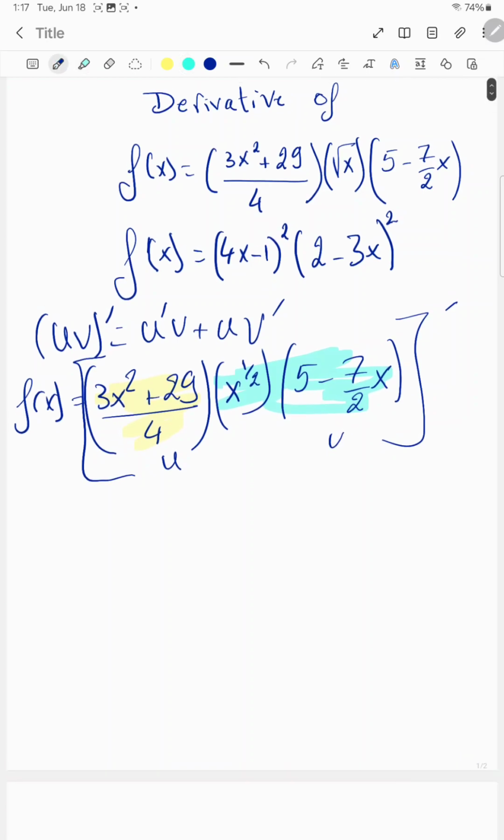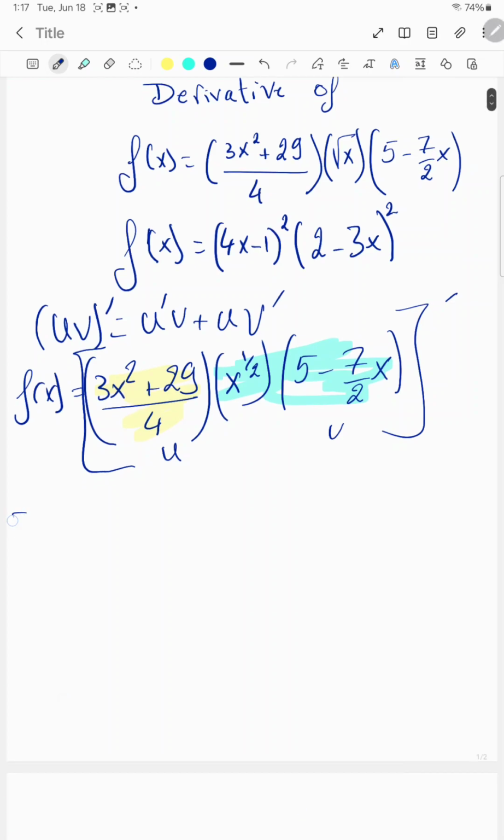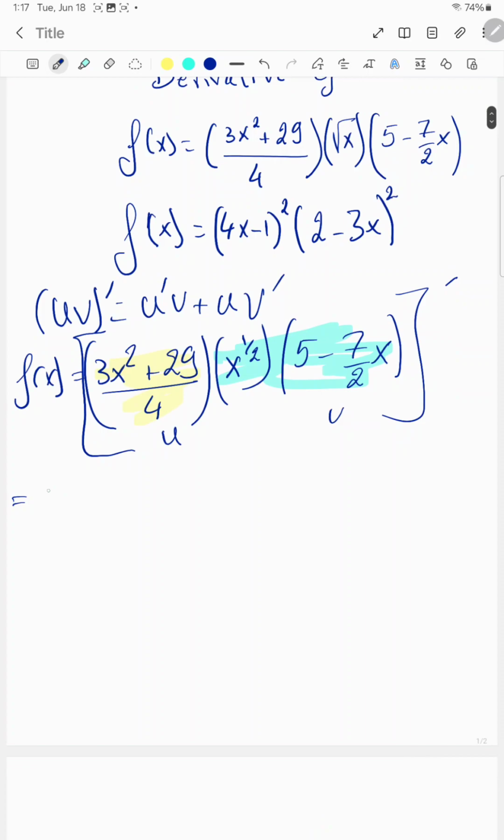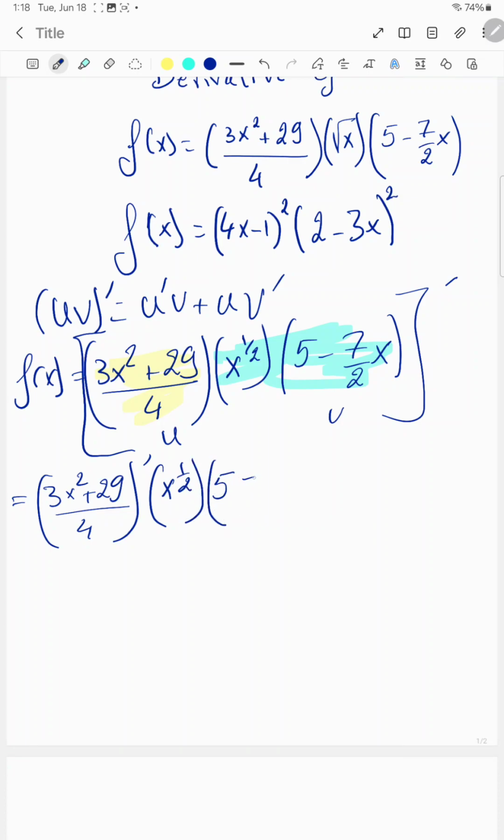And the derivative of u times v is u prime v plus u v prime. So the derivative will be equal to ((3x squared plus 29) divided by 4) prime, which is u prime, times v, which is x to the power 1/2 times (5 minus 7 divided by 2x).